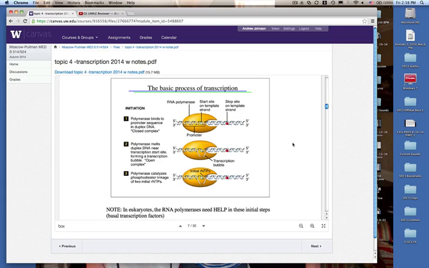That region is going to be opened up, right? It's going to be melted, is what we call it, that promoter sequence. And the polymerase is going to start initiating polymerization. But as it's pictured here, this polymerase is actually binding directly to the DNA all by itself. Presto, changeo. Not happening in our system, okay?